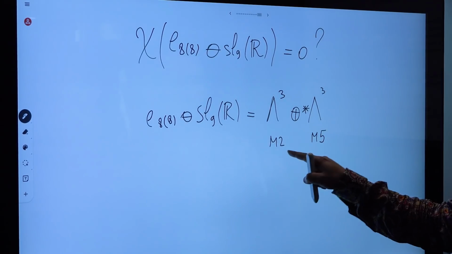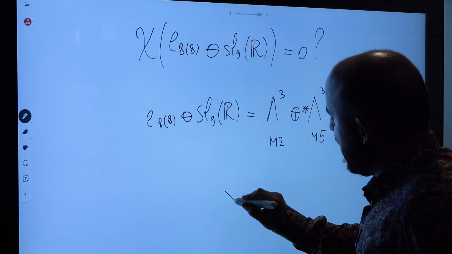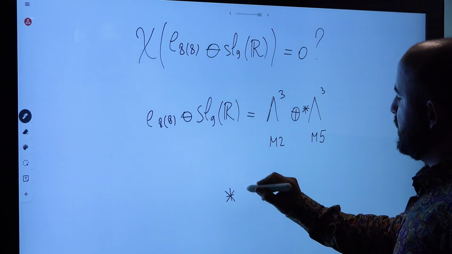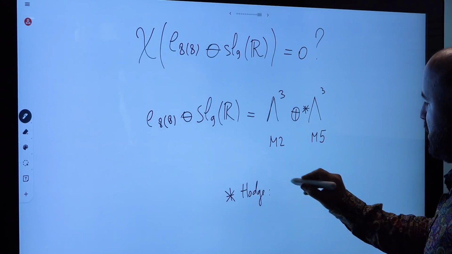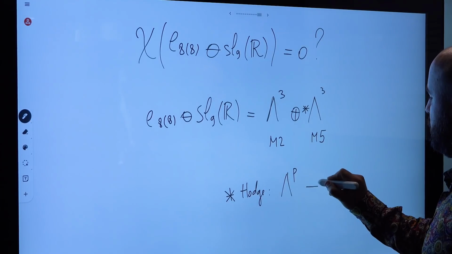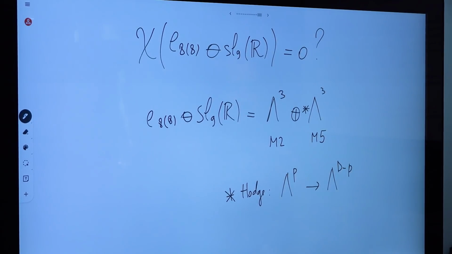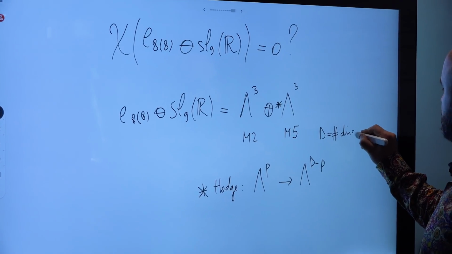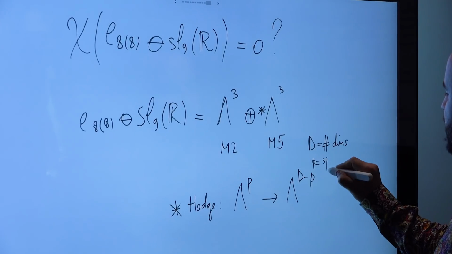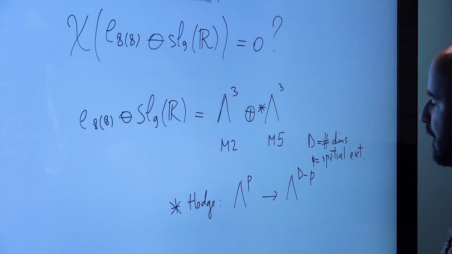These are the potentials which couple to M2 and M5. And the Hodge star essentially associates a certain lambda P to lambda D minus P, where D is the number of dimensions and P is the spatial extension of the brane, of the potential of the brane.